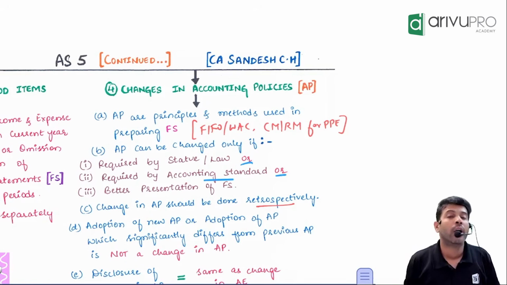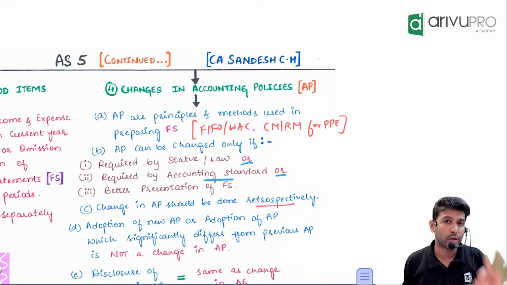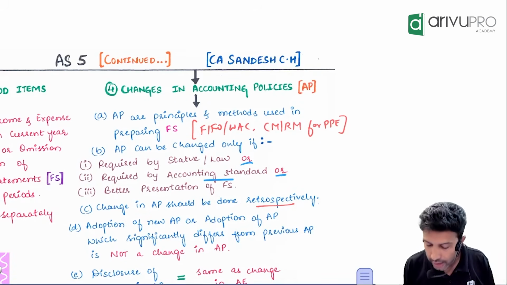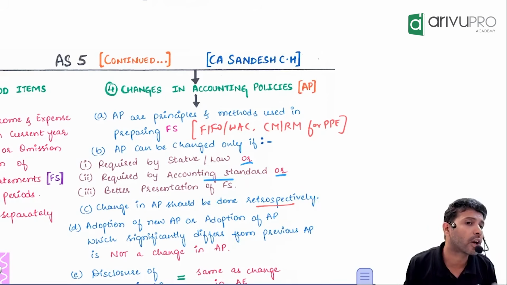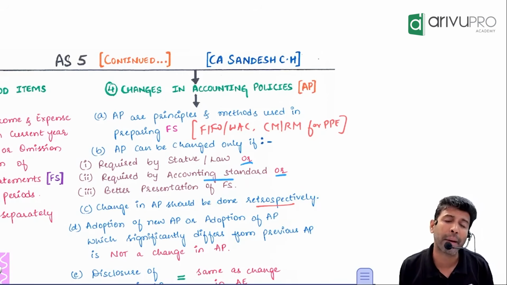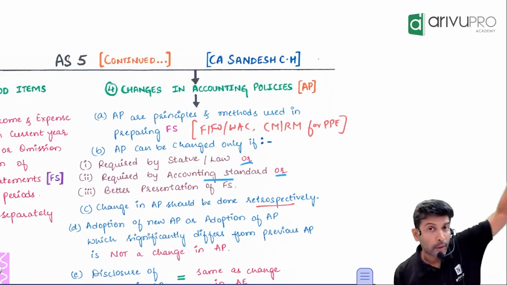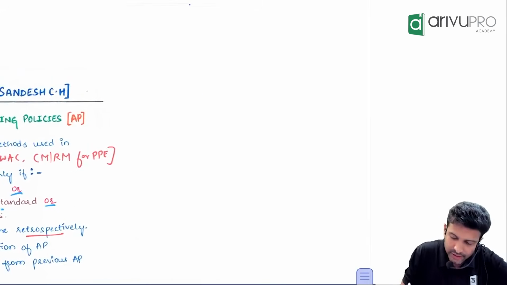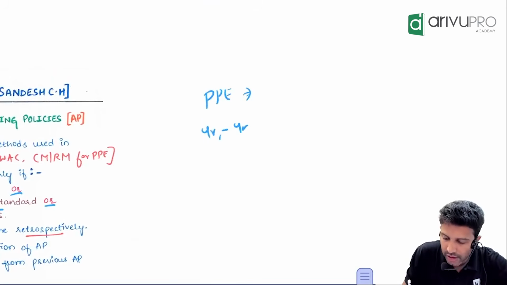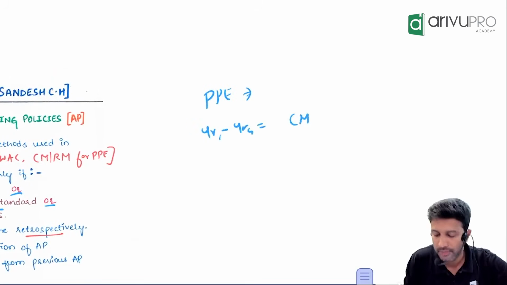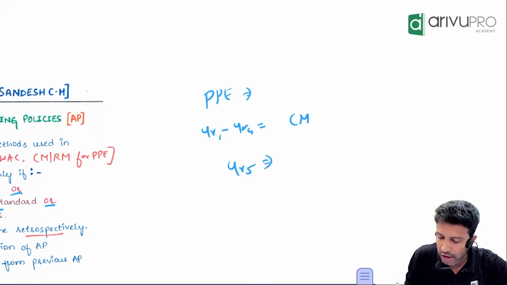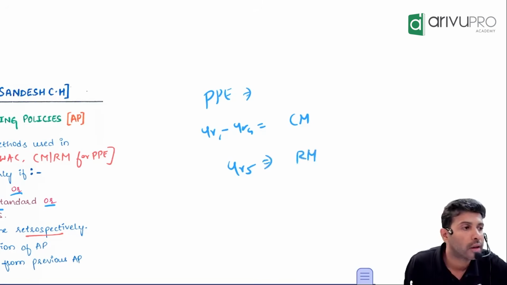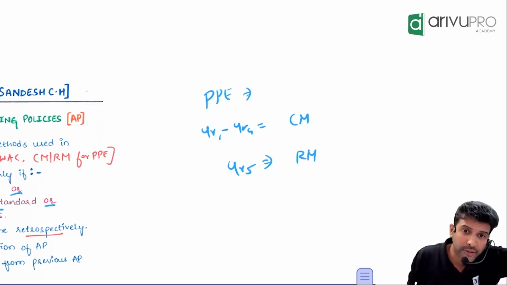Another one is, whenever you change an accounting policy, it has retrospective impact. Retrospective impact means from the beginning, you will have to recalculate. Like here, let's say PPE: from year 1 to year 4, you have followed cost model. In year 5, you want to shift to revaluation, which means showing the asset at fair value.